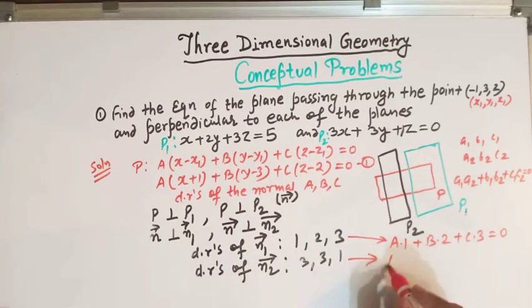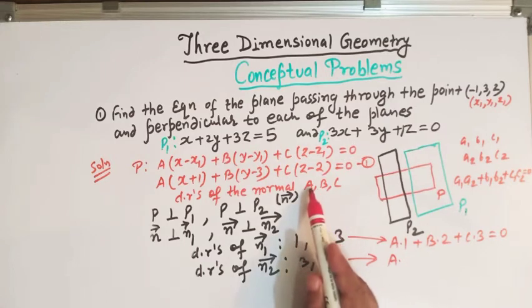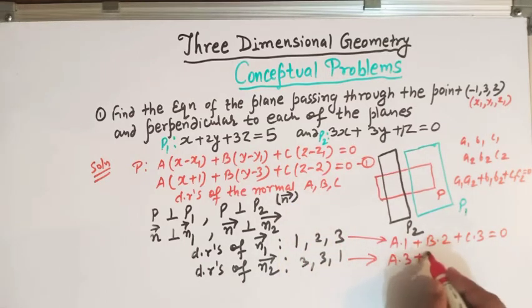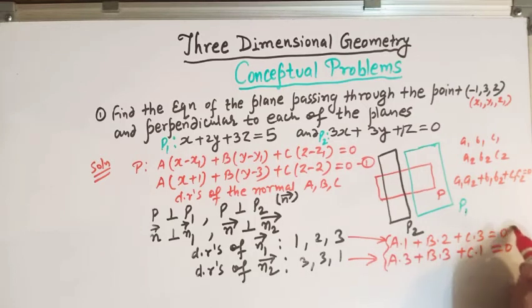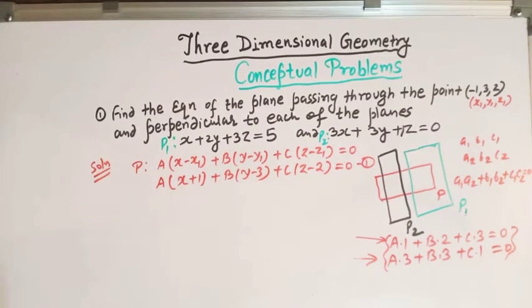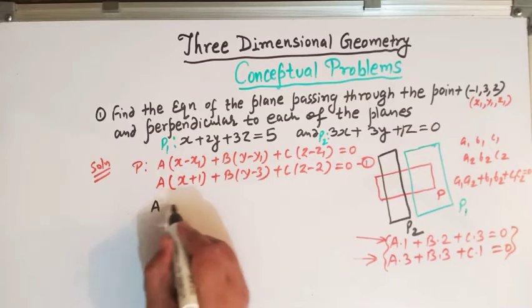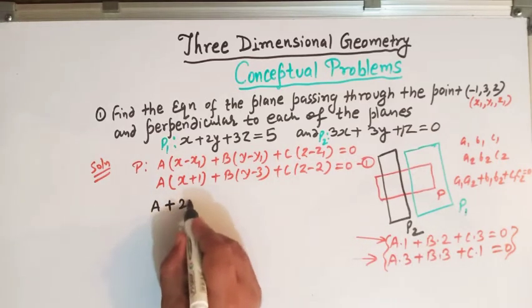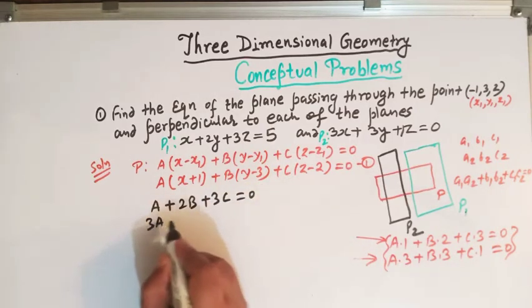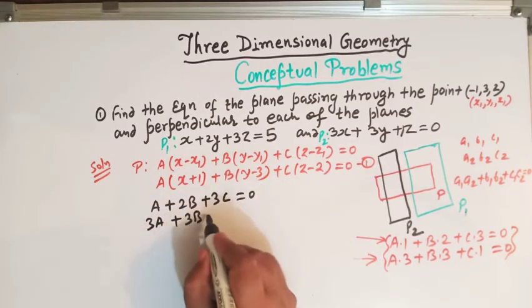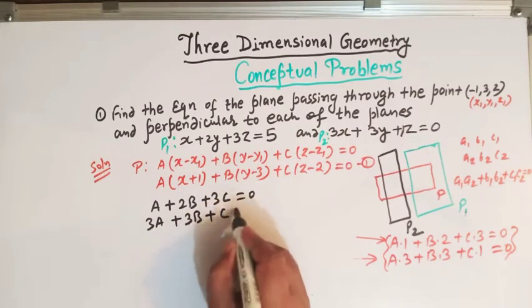So from here we get the equation a times 3 plus b times 3 plus c times 1 is equal to 0. Now we can write these equations as a plus 2b plus 3c equal to 0, and 3a plus 3b plus c equal to 0.